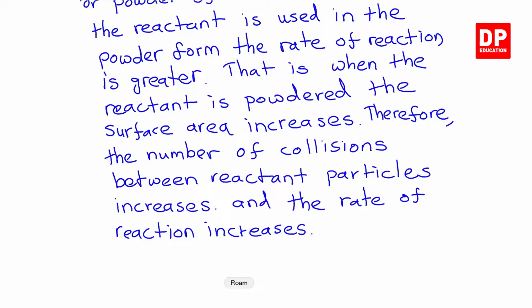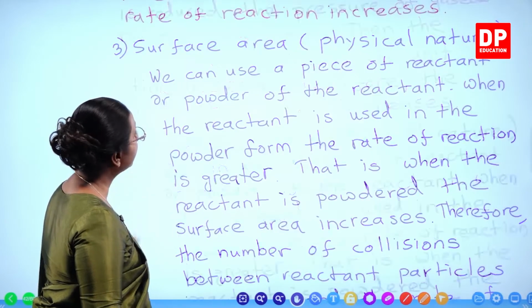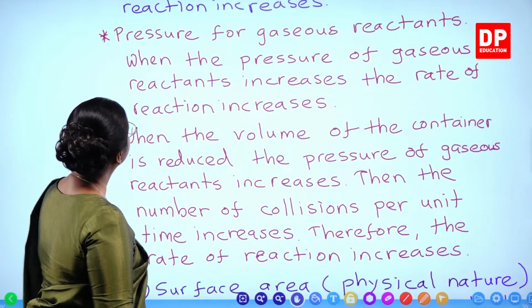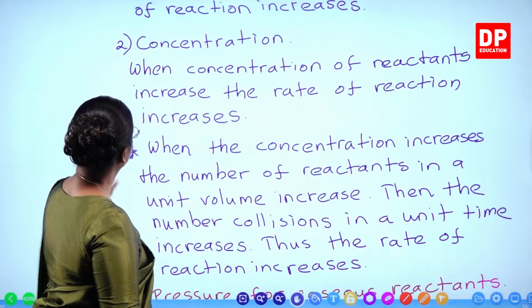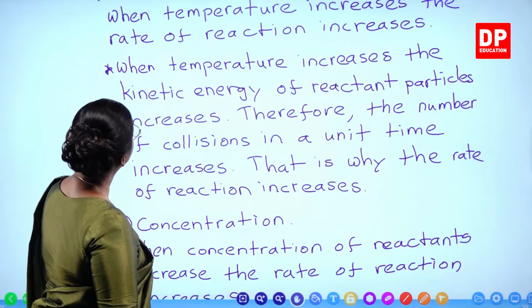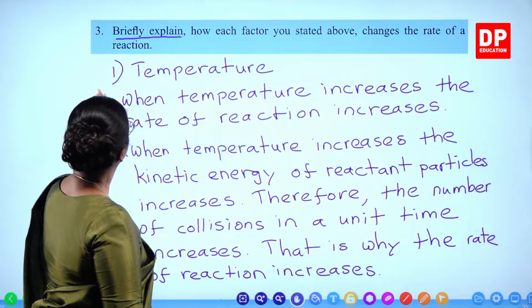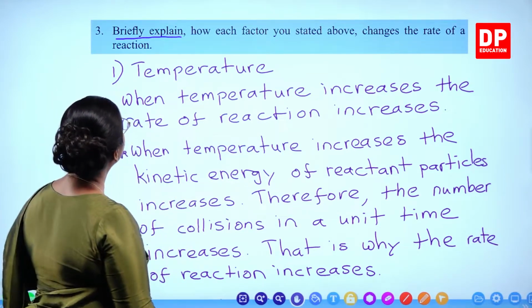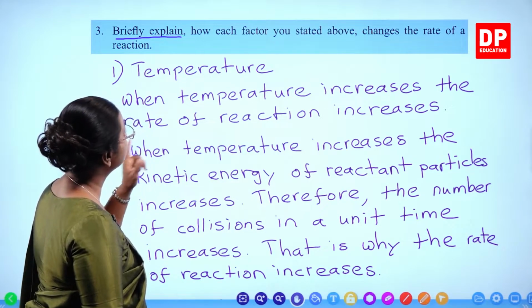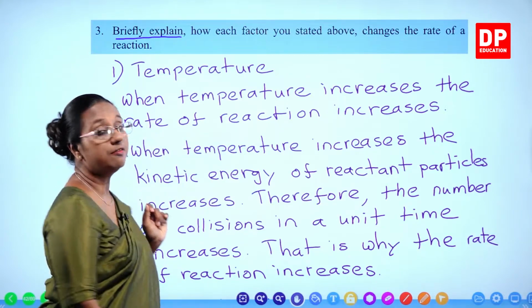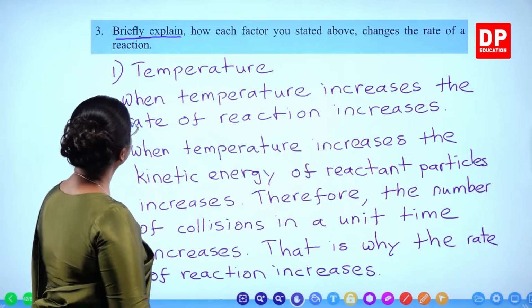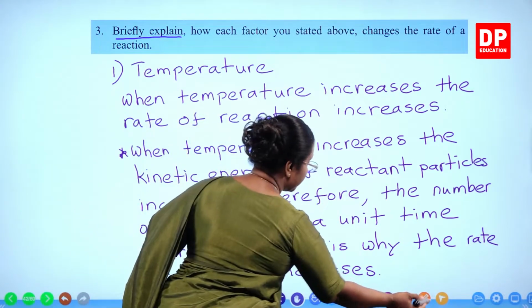We have explained all three factors and how they affect the rate of reaction. If I go back to the answer, the question was to briefly explain how each factor you stated above changes the rate of reaction. So under that first one, it's the temperature.